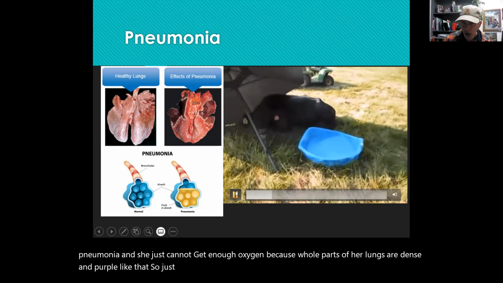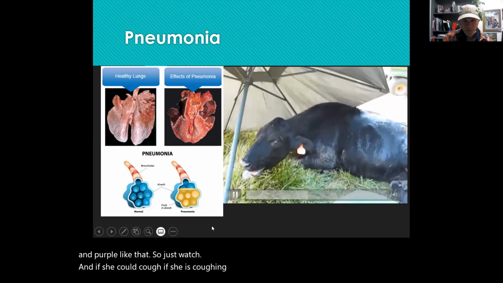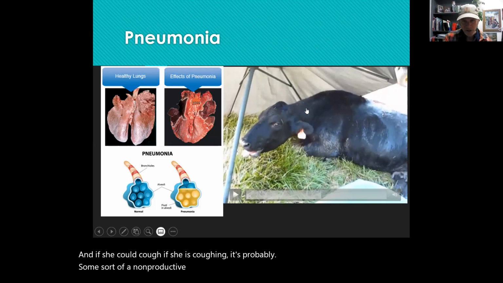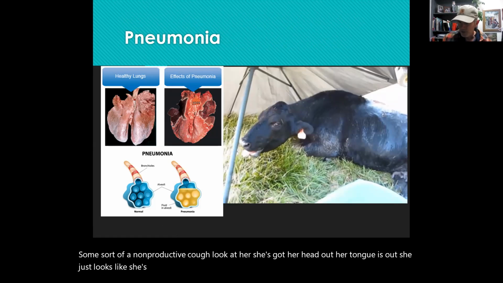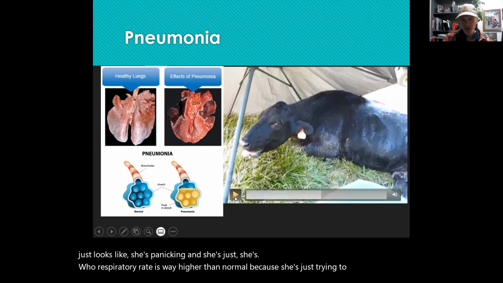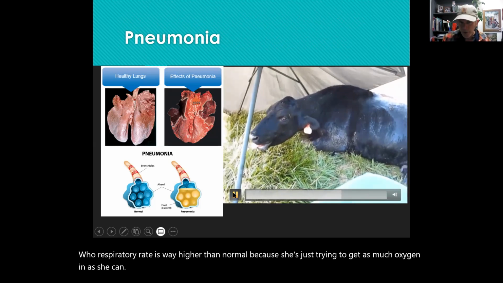If she is coughing, it's probably some sort of non-productive cough. I mean, look at her. She's got her head out. Her tongue is out. She just looks like she's panicking, and her respiratory rate is way higher than normal because she's just trying to get as much oxygen in as she can. That's just horrible.